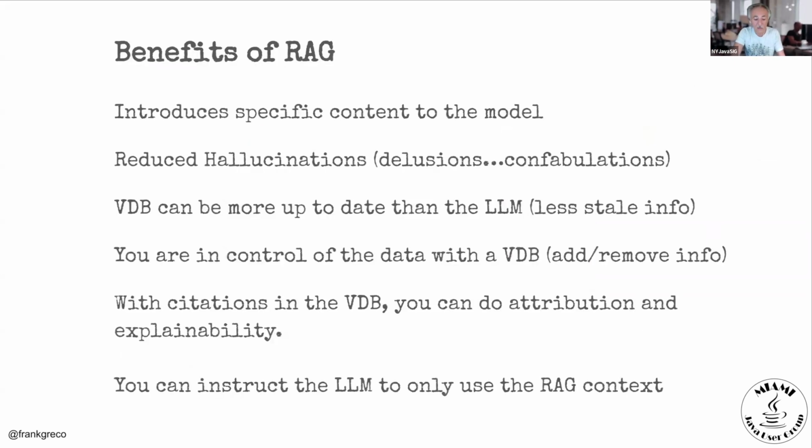Okay, so what are the advantages of doing this? Well, you get better completions, and you get reduced hallucinations. Hallucination is when the language model followed a probabilistic path through the neural network and didn't give you the right answer.